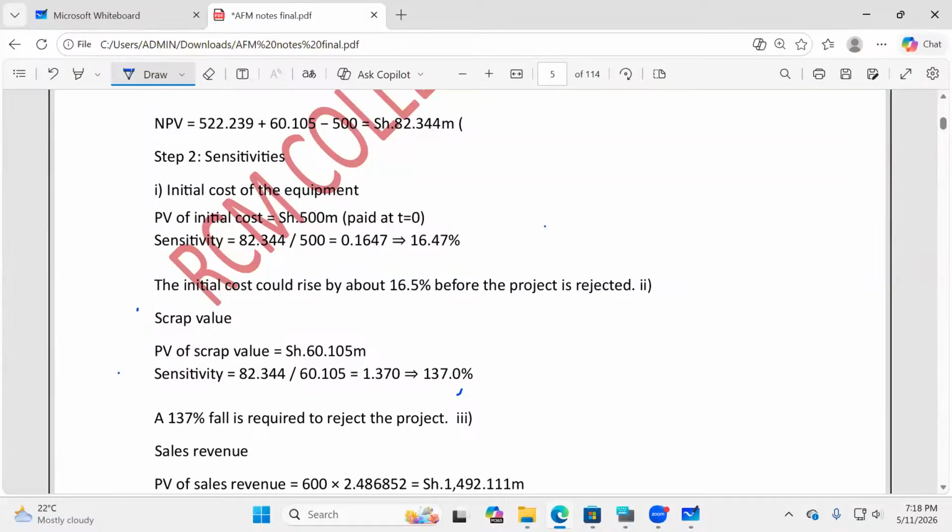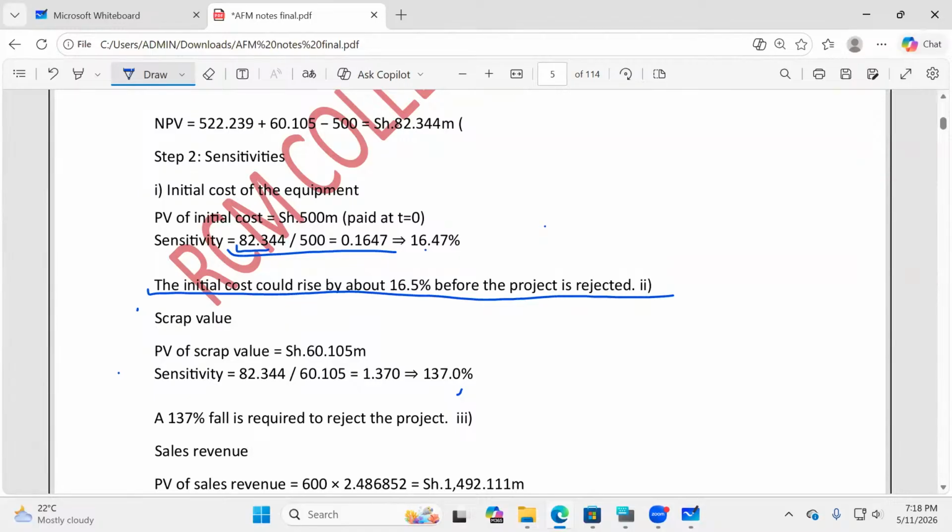Now, if you look at this, we have a sensitivity of the initial cost. It's the NPV over the initial cost, which gave us 16.47%. So the initial cost could rise by about this before the project is rejected.